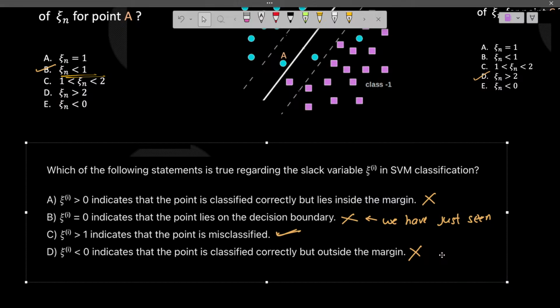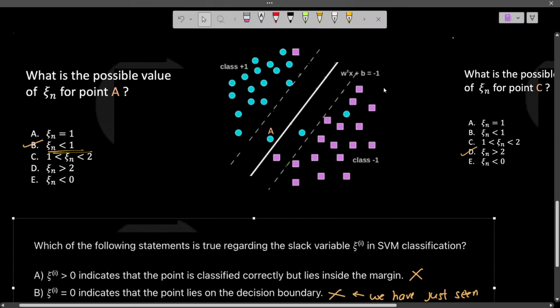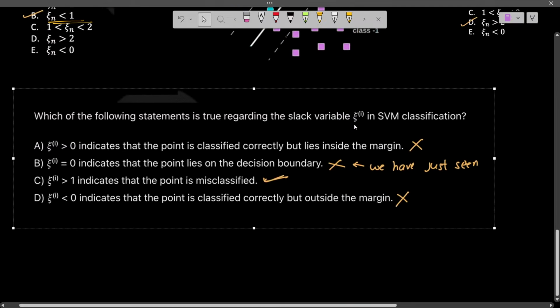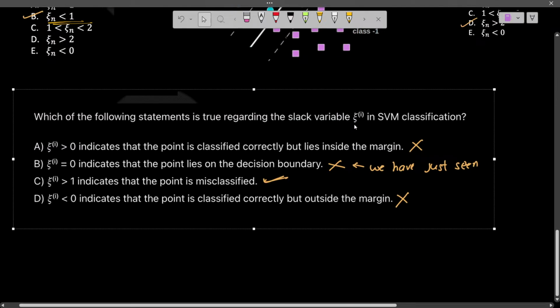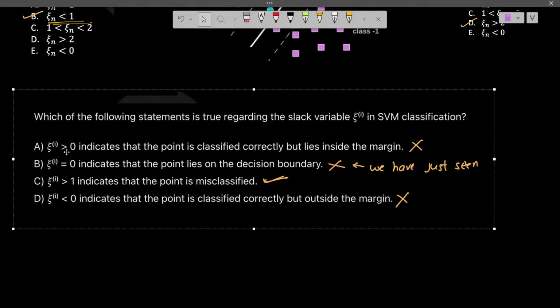It is on the other side of the margin boundary, which is something like here for this question we have seen. And basically, xi greater than 0 means some kind of slack is there, so there is no way that this point is classified correctly.